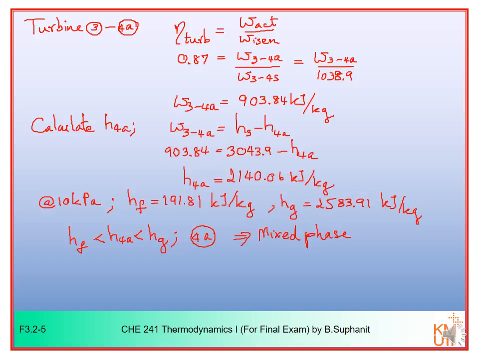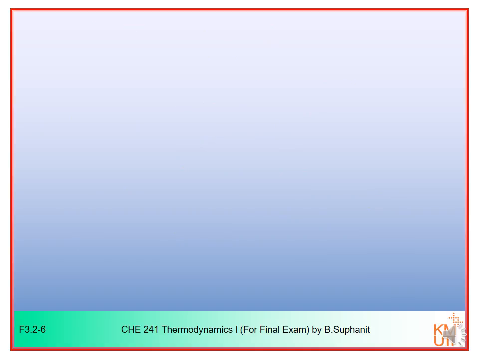Now we move on to recalculate the heat input to the process. The heat input to the process will be changed as well. So we will determine Q in, and Q in equals H3 minus H2A.